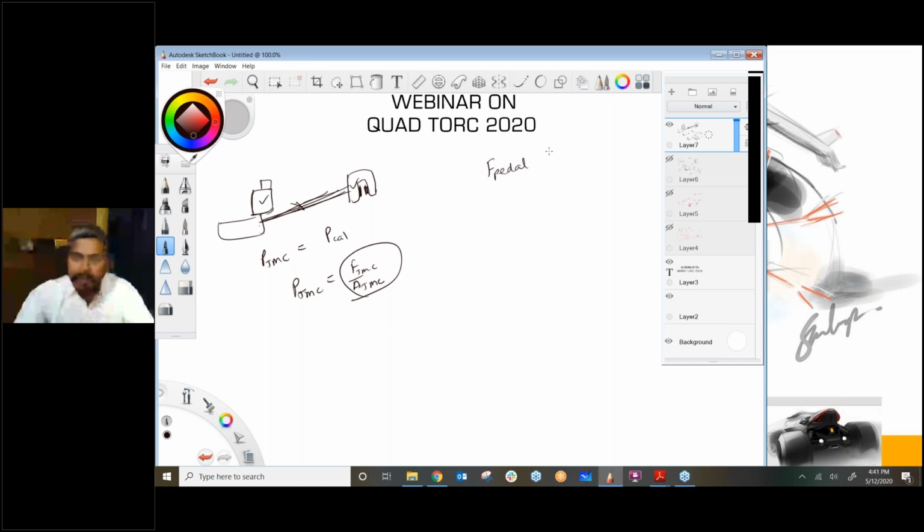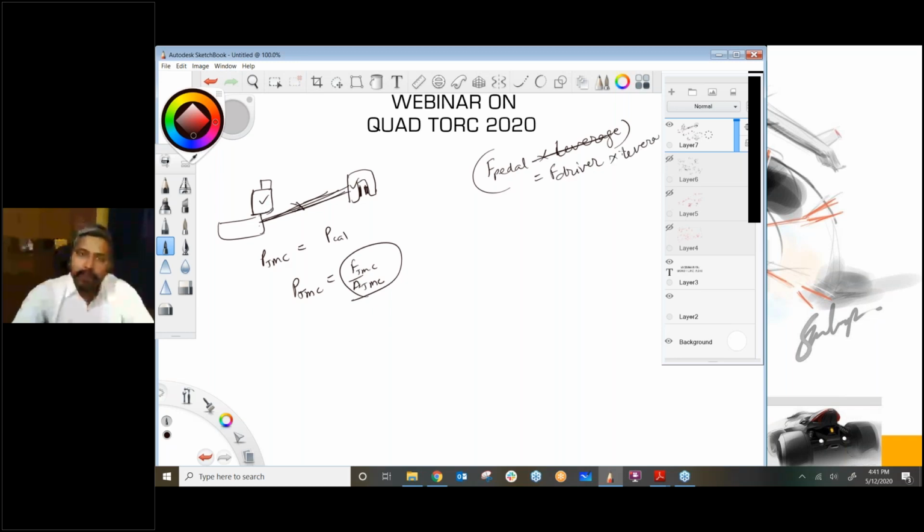Okay, so we got the clamping force. Now this clamping force is supposed to be multiplied by the coefficient of friction. So frictional force, how much would it be? Mu into clamp force. That depends on the material of the brake shoe or brake pad, how much coefficient of friction is there. So this is how you calculate the frictional force.